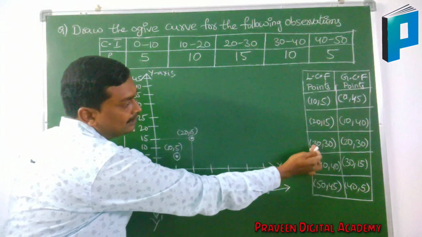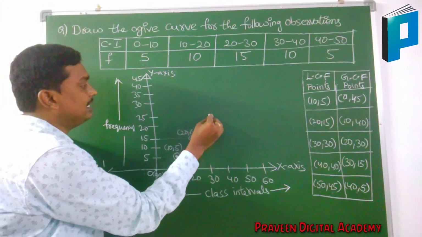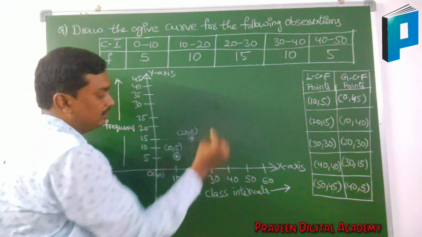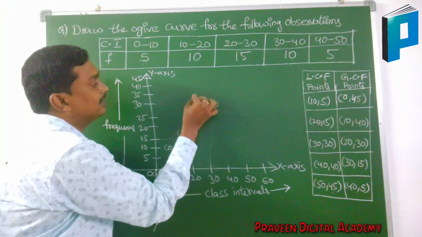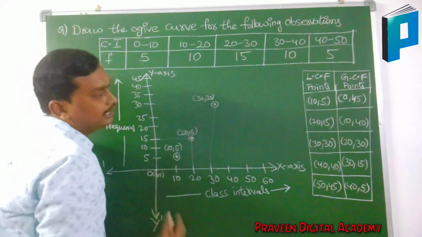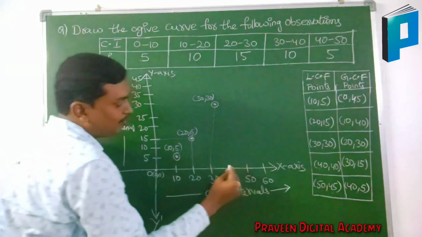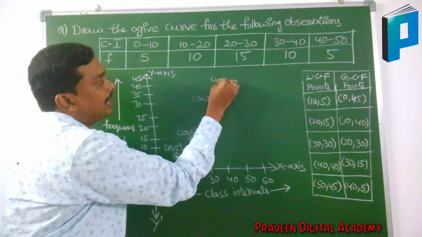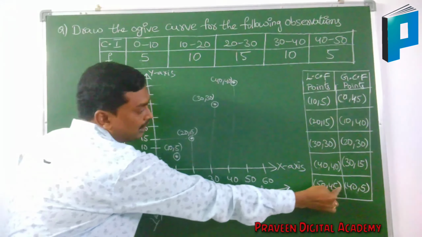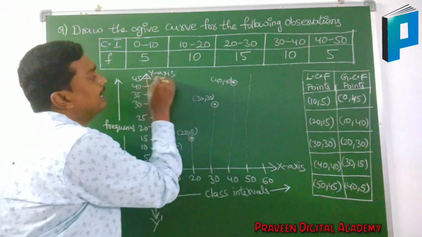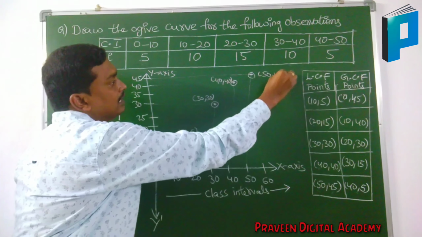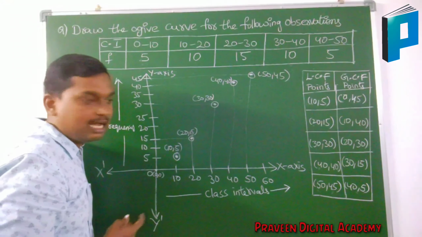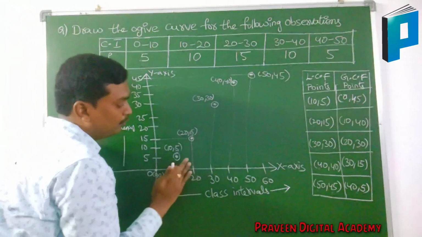Next 30, 30. Next 40, 40. And 50, 45. If you draw this on the graph, you will get the positions perfectly.